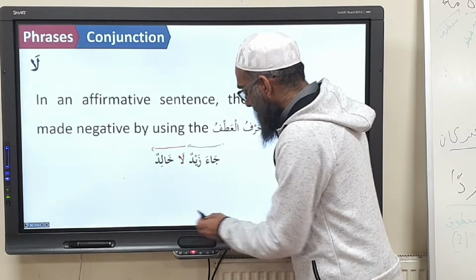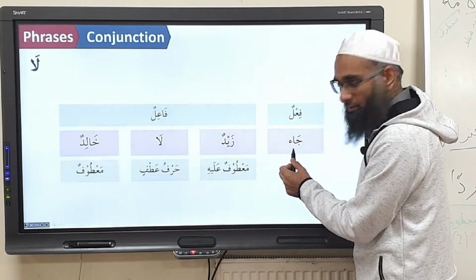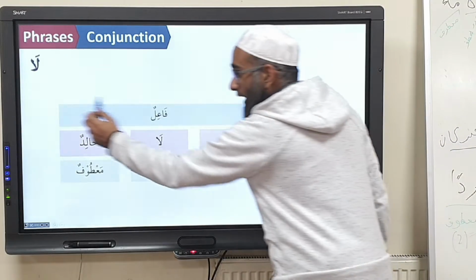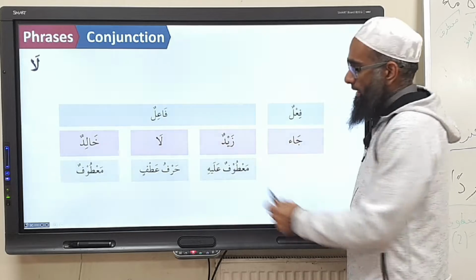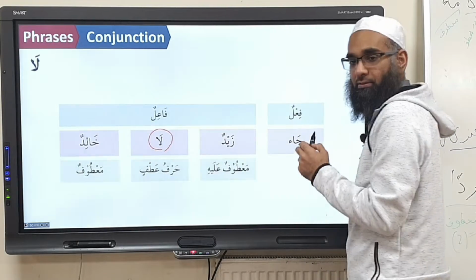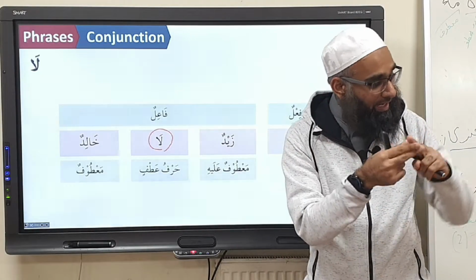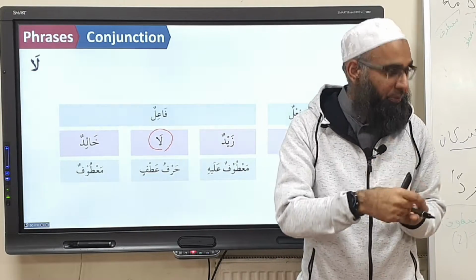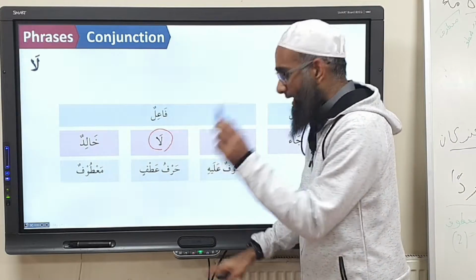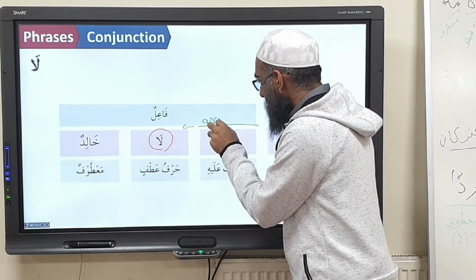So what's the tarkib of this? Same thing. Ja'a is fa'il, Zaydun is, this whole thing is a fa'il. Zaydun is ma'tuf alayh. And then the harf al-atf is la. Okay? Now what's the difference? In here, half is negative and half is positive. Before la, this is positive, or you call it affirmative.